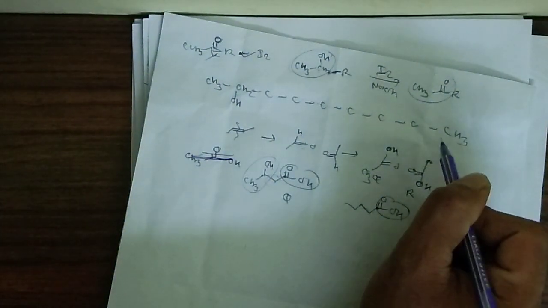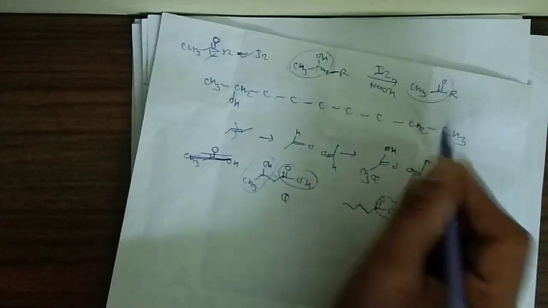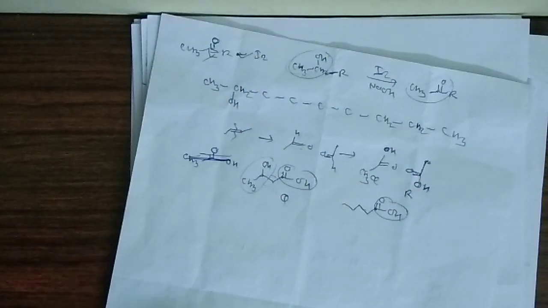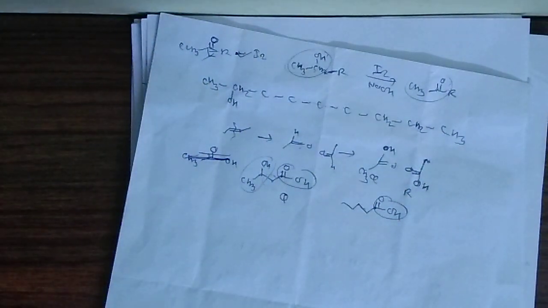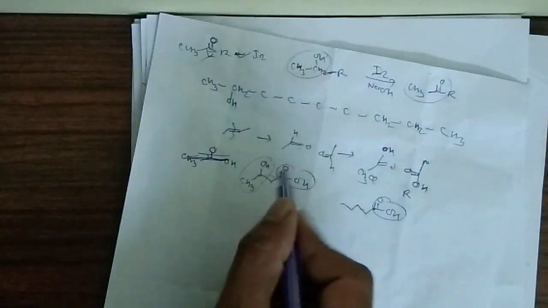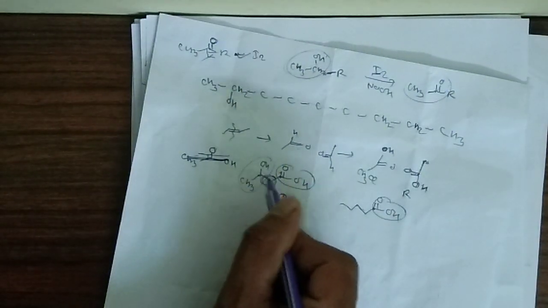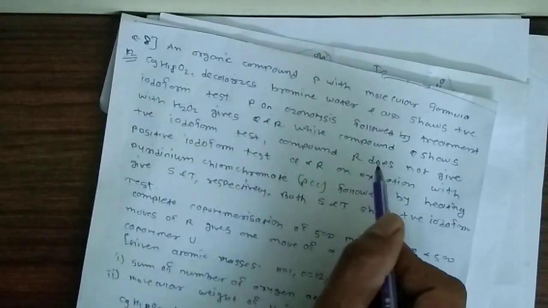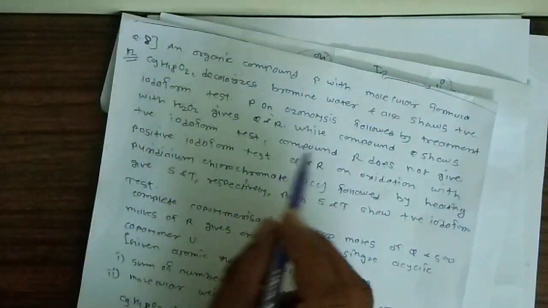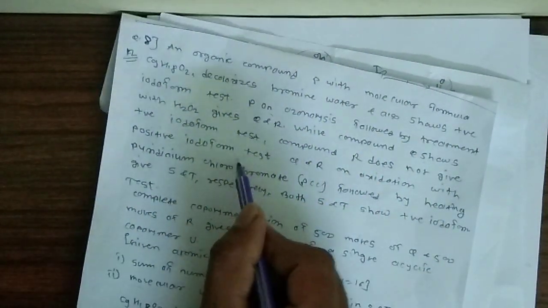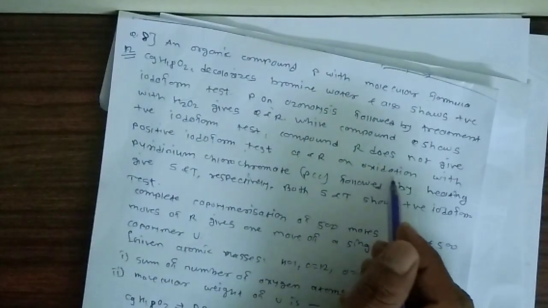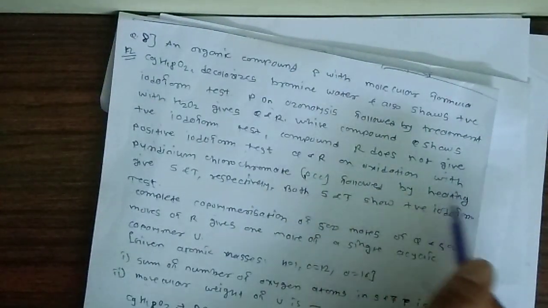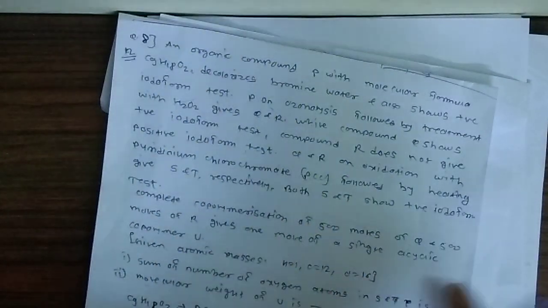Here CH3, here CH2, again here CH2. Now again one problem comes: how many CH2 should be between that OH and the carbonyl group. So read the next: R does not give a positive iodoform test. Then Q and R on oxidation with pyridinium, that is PCC, followed by heating give S and T respectively.